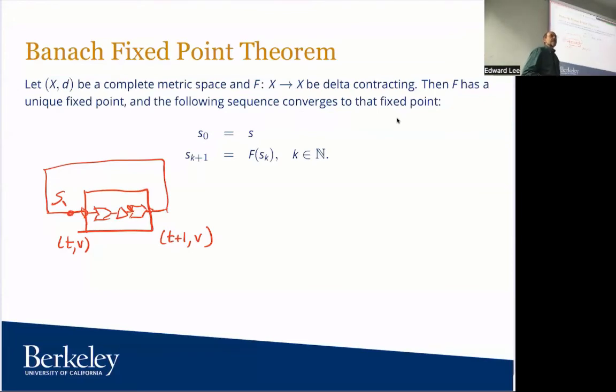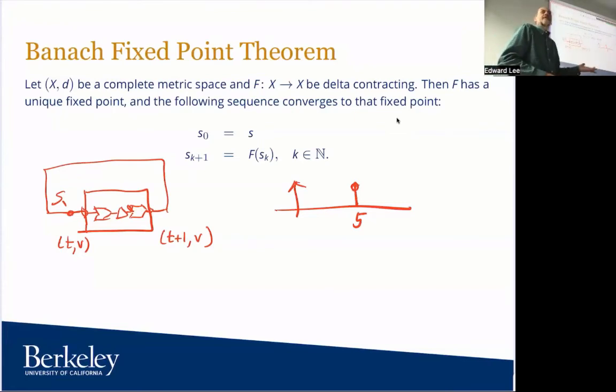Okay. Let's see if the Banach fixed point theorem agrees. The Banach fixed point theorem says, I can start with any guess at all about what this signal is. So let's start with a wild guess, right? I'll guess that the behavior of this program is that it produces an event at time 5. Okay, and that's all it does. Wild guess.